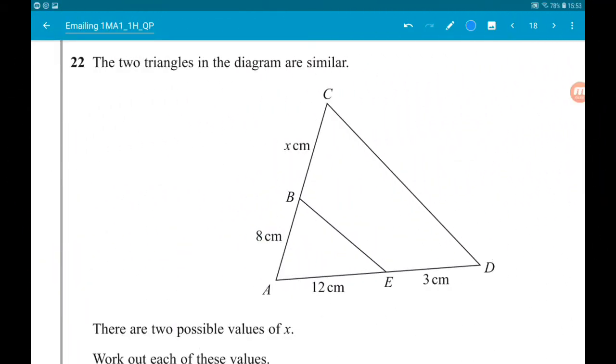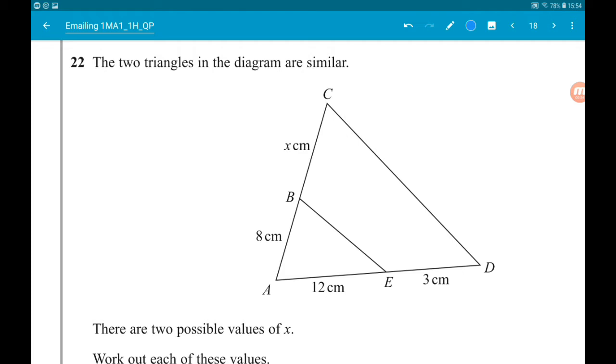Okay, number 22, a pretty tricky similar triangles question. So the two triangles in the diagram are similar. So the two triangles that we have are A, C, D, which is the overall big triangle, and A, B, E. So those are our two triangles.